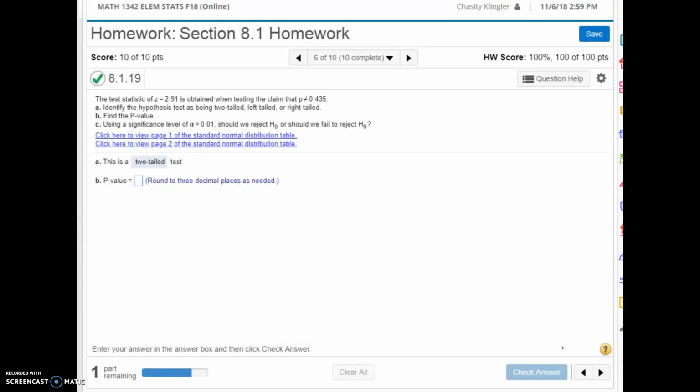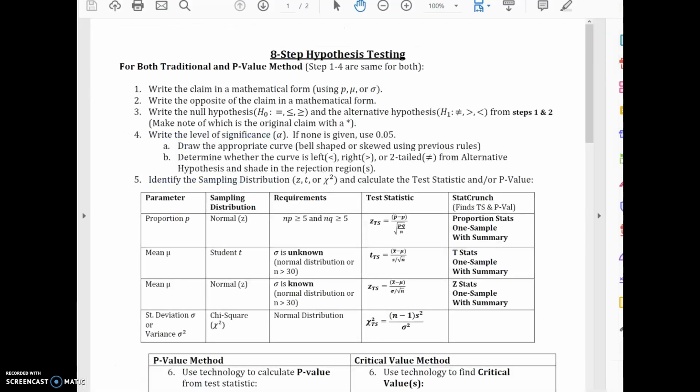Now the next part says find the p-value. If you look at your steps, for your p-value, you can usually use StatCrunch, but that's only if it gives you the correct information, which would be your number of successes and your sample size. In this case it doesn't. It just gives you the test statistic.